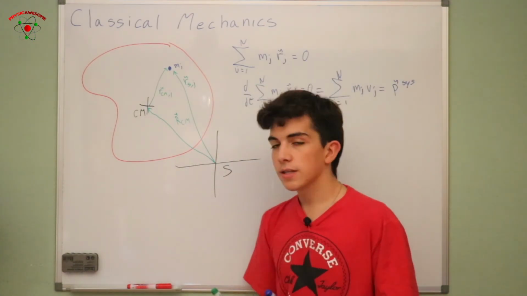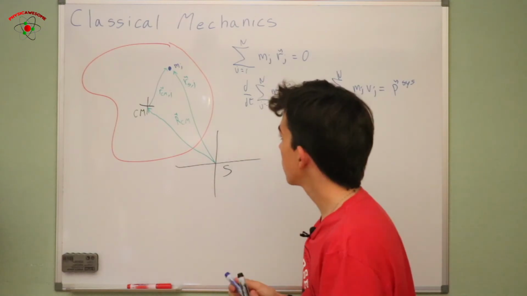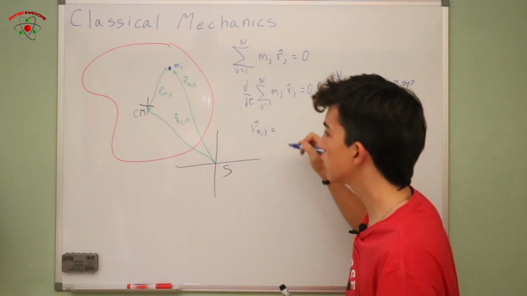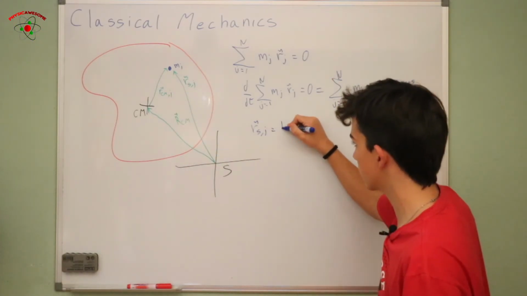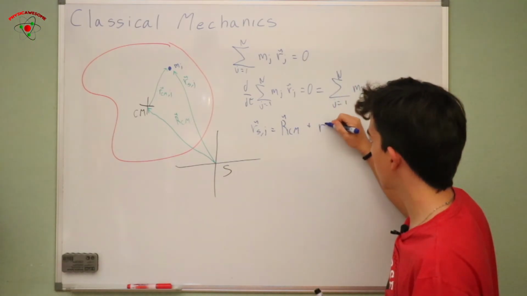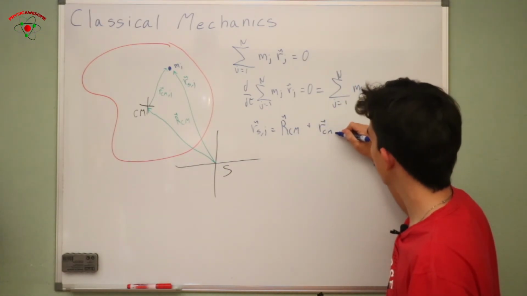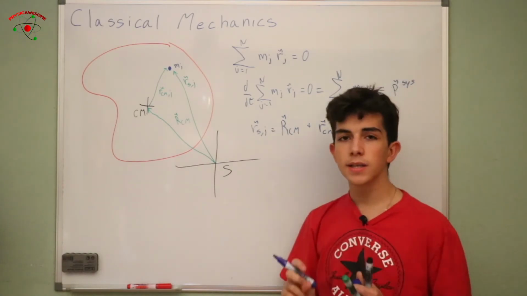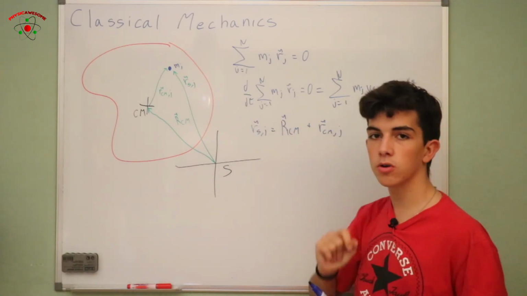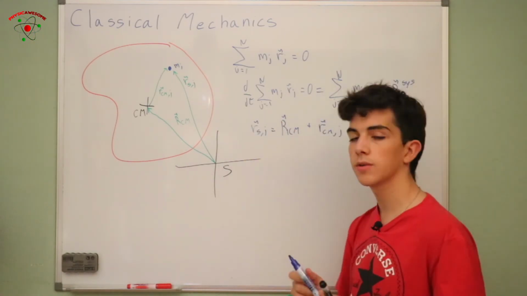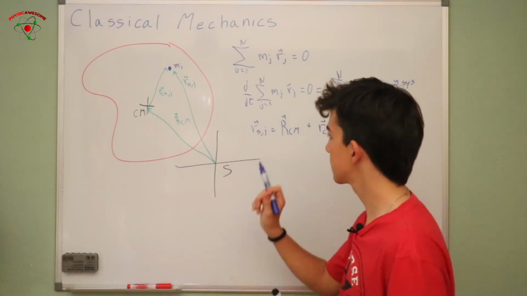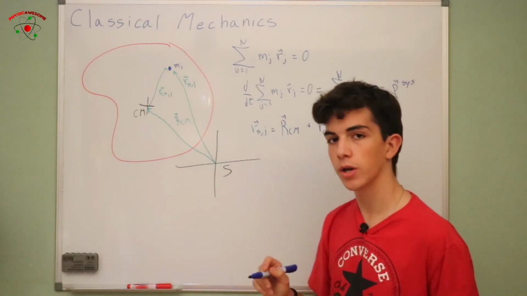We can see that for each and every particle, r_s,j is going to be equal to the sum of these two vectors, R_cm plus r_cm,j. Now, we want to sum over every single one of these m_j, and we will weight this sum with the mass, and you will see what happens.